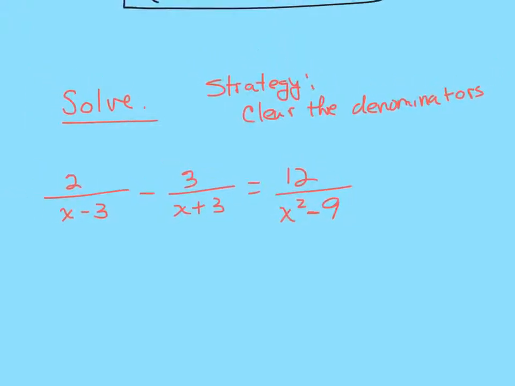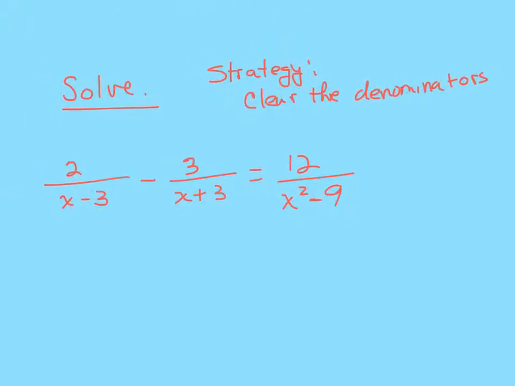And by clear them, I mean try to get the denominators that are showing now to cancel. So why don't we go over to a little think box and see how we're going to do that.